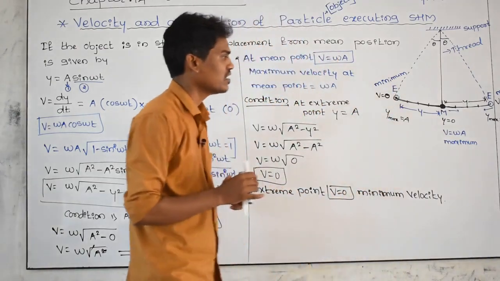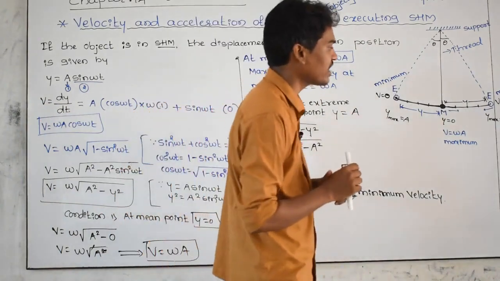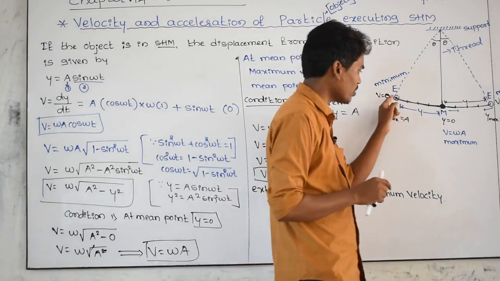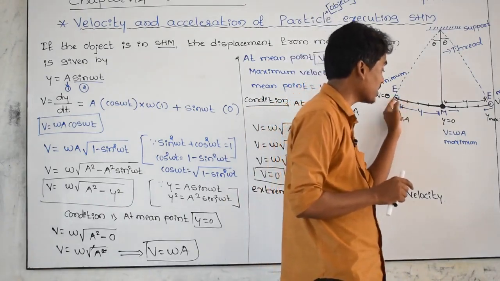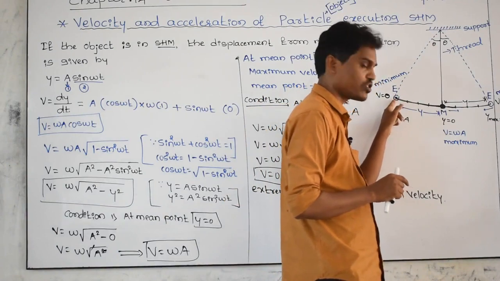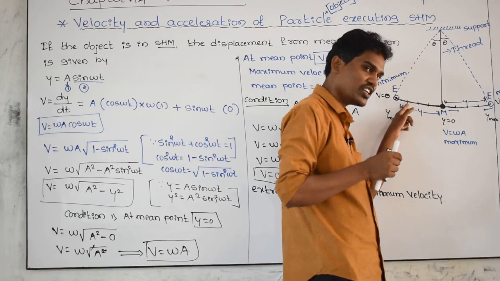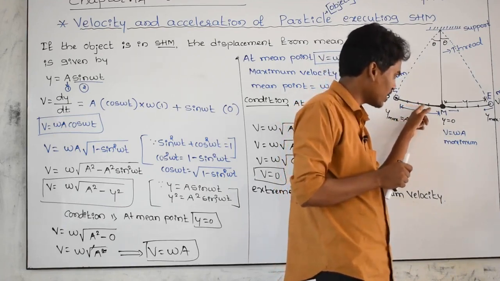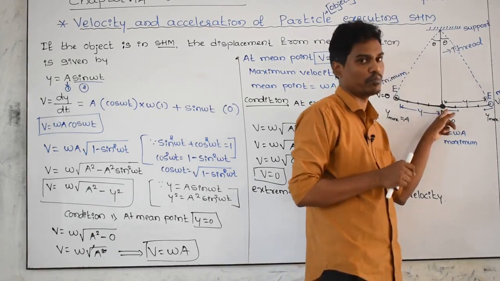And again one thing we have to discuss: kinetic energy and potential energy. Let us imagine the object is moving from this point, its velocity goes on increasing. At this point velocity is maximum, and now the object is coming to this point, velocity increases a bit, and again increases, and again velocity becomes maximum.